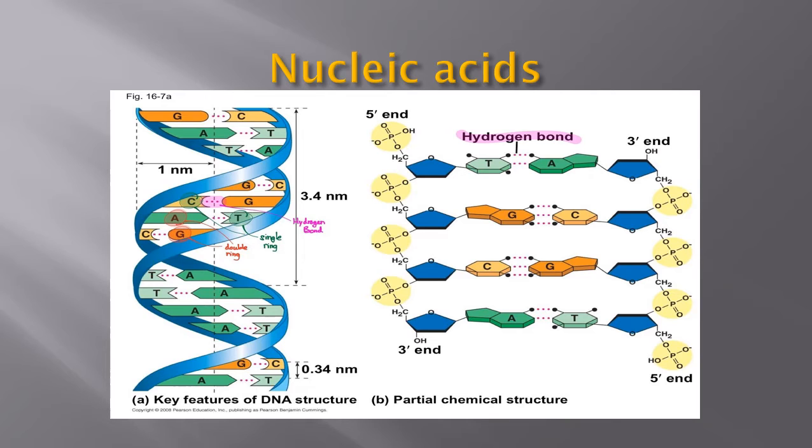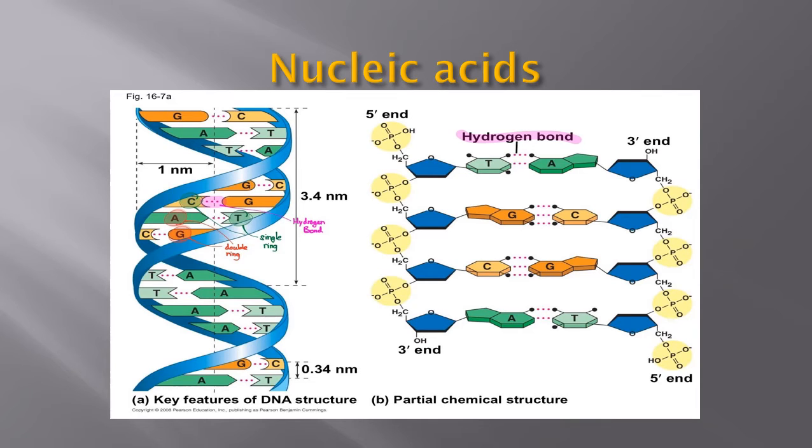Now if you look at the left part of the diagram, you find a single twist of the spiral of this DNA molecule. It measures about 3.4 nm and there are about 10 base pairs in this particular region in one complete spiral of the DNA molecule, and the distance between these base pairs is 0.34 nm.